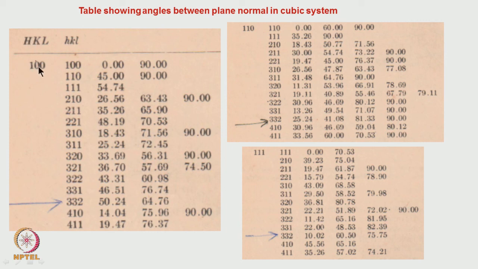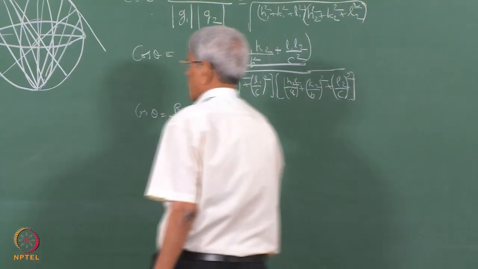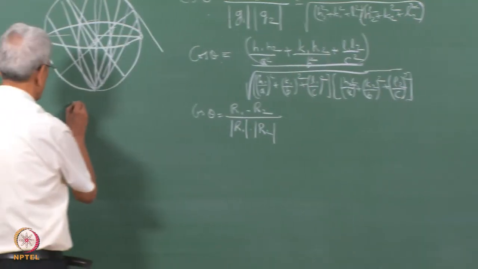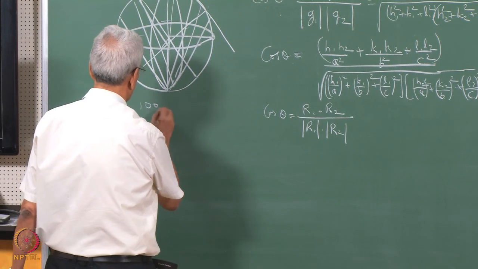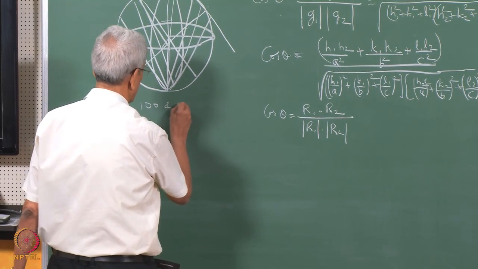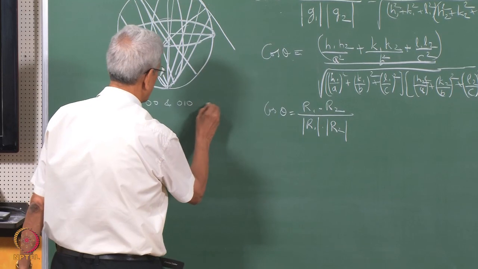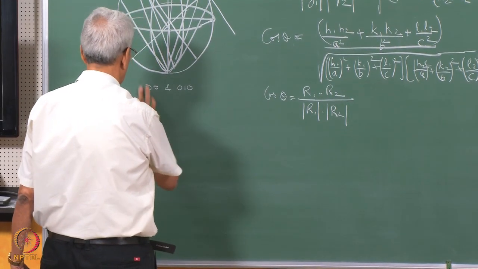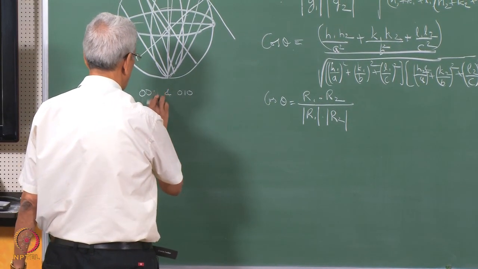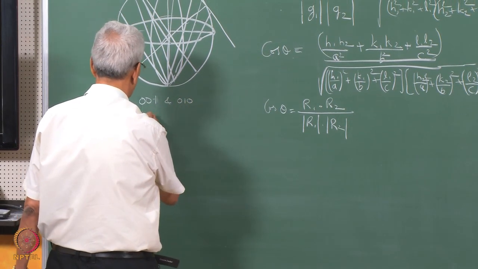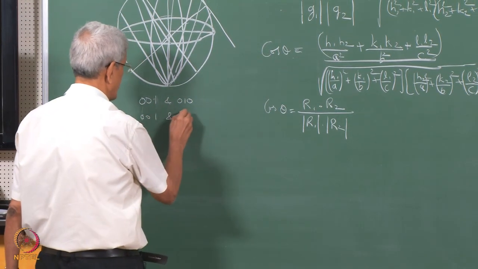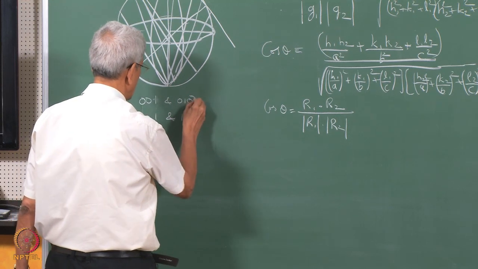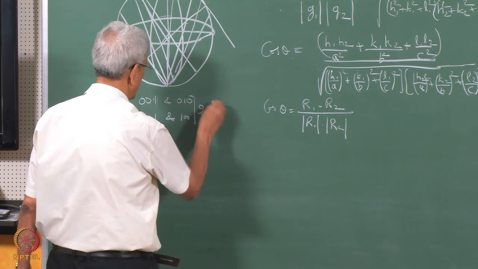If one plane is 1 0 0 and another is 1 0 0, the angle between them becomes 0. We know these results, so I will just write that between 0 0 1 and 0 1 0, or between 0 0 1 and 1 0 0, this angle is going to be 90 degrees.